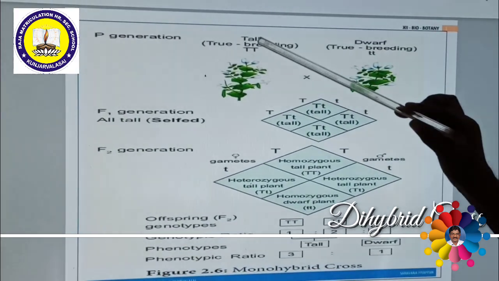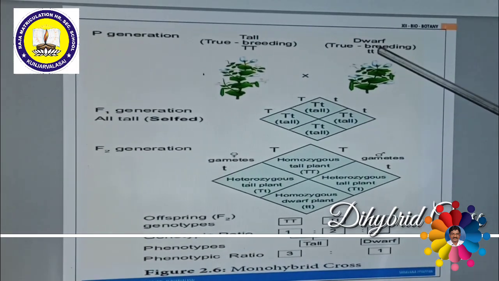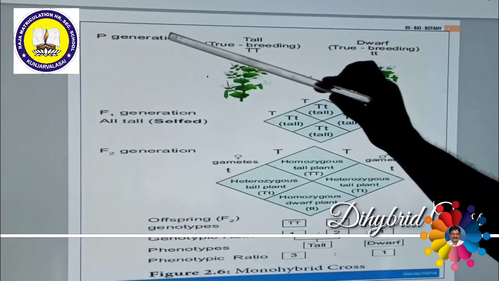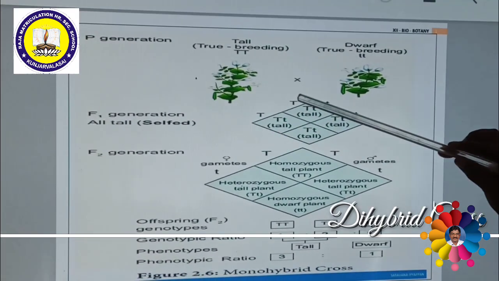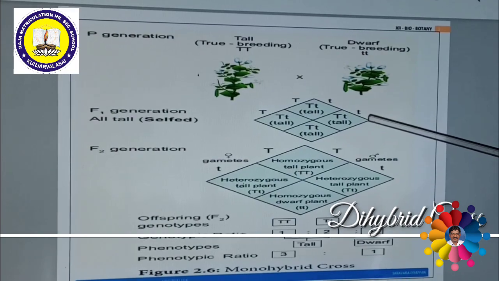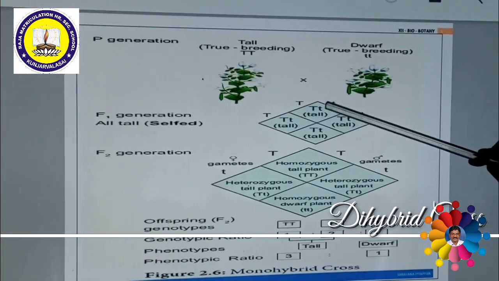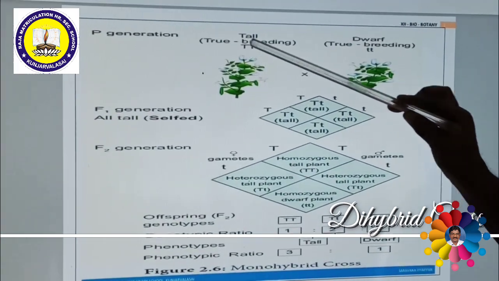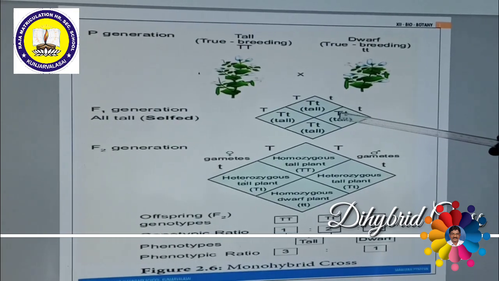So the tall plants have two alleles, capital T, capital T, and the dwarf plants small t, small t. They produce gametes: these produce capital T, these produce small t. Then in the F1 generation, all are tall. These are heterozygous tall. This is homozygous tall. What is the difference between homozygous tall and heterozygous tall?